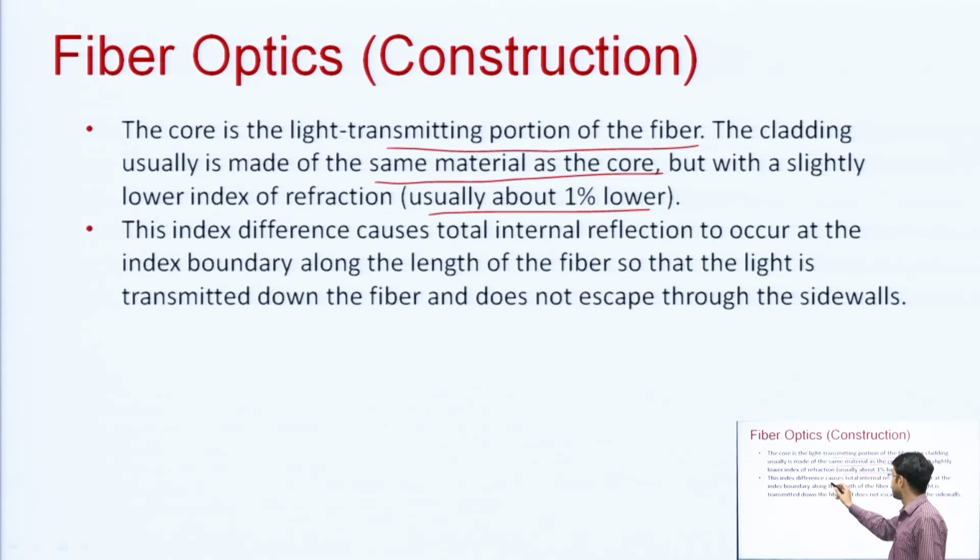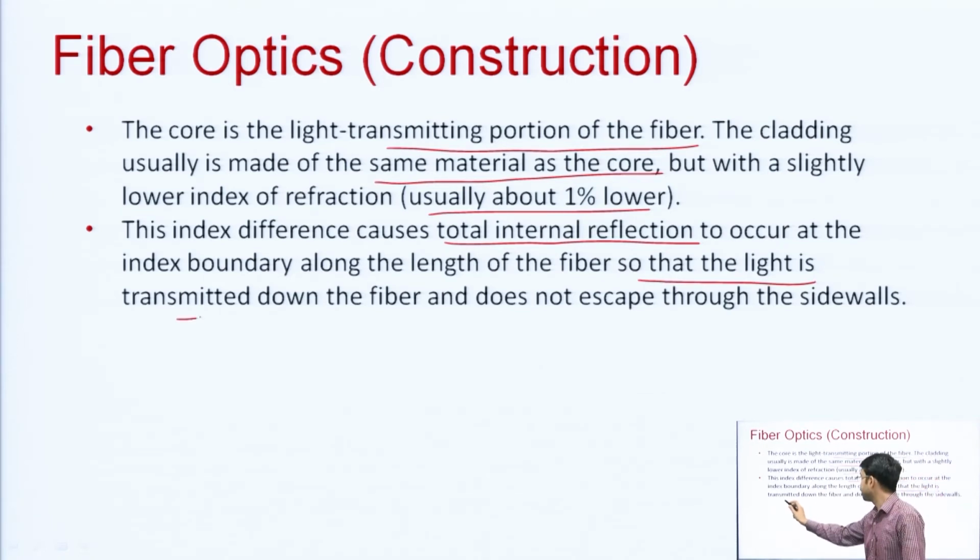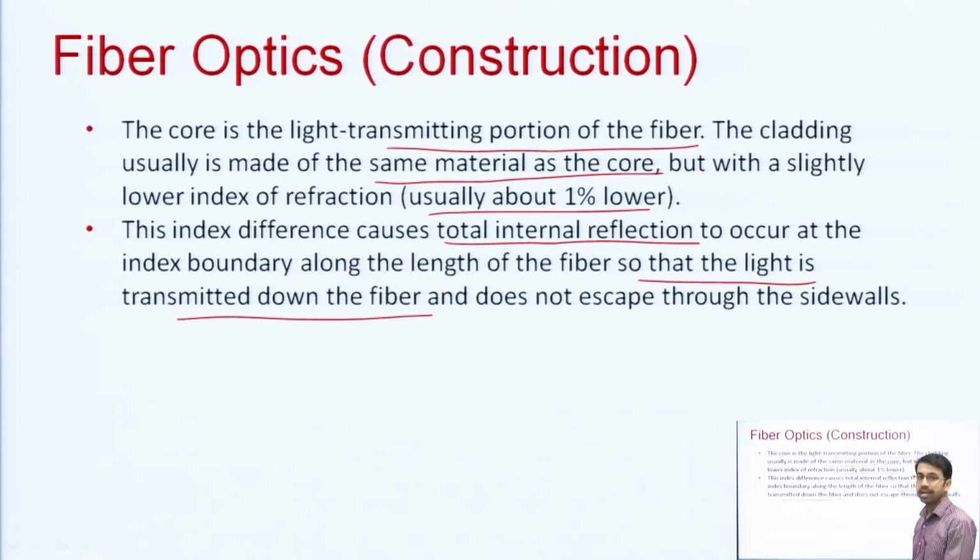This index difference causes total internal reflection to occur, and this is the main phenomenon due to which the light travels inside the core. Total internal reflection occurs at the index boundary along the length of the fiber, so that the light is transmitted down the fiber and does not escape through the side walls.